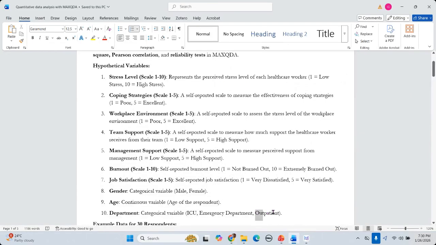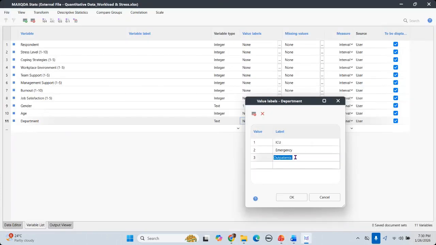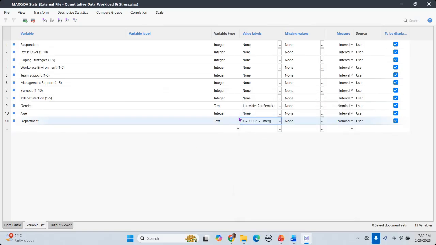Please check for spelling mistakes if there are any. Outpatients. So we have 1 for ICU, 2 for emergency, 3 for outpatients. Just click on OK. So we have certain variables. We have done the coding part, and the rest, I believe you can see that.